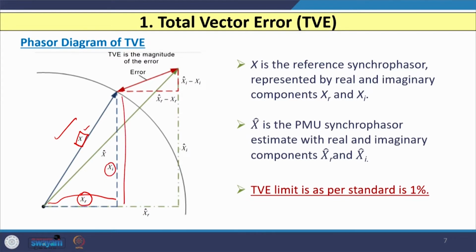Then the other value is the estimated value which is given by the PMU. That value is denoted by the symbol x hat. So, x hat is the PMU synchrophasor estimate, and its real part is xr hat, and its imaginary part is xi hat.